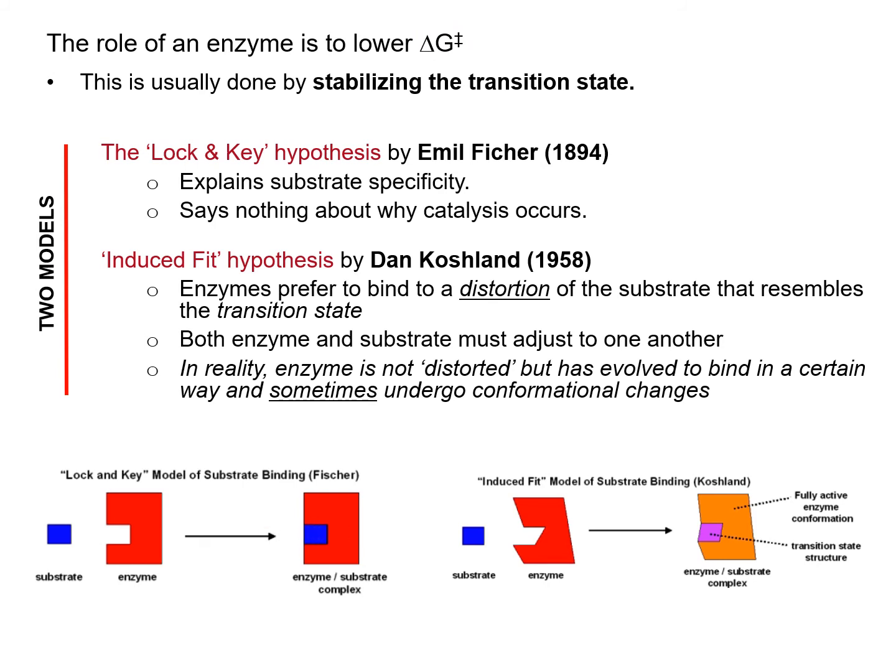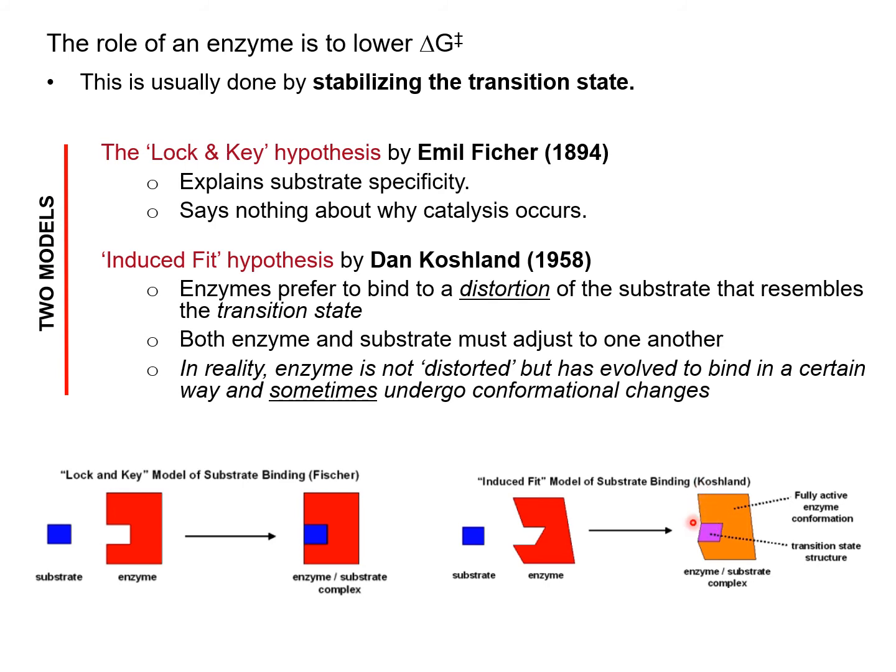There was another model called the induced fit hypothesis that was proposed by Daniel Koshland in 1958, and there he proposed that enzymes prefer to bind to a distortion of the substrate that resembles the transition state, and both enzyme and substrate must adjust to one another.